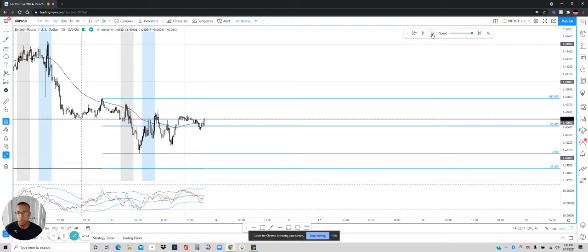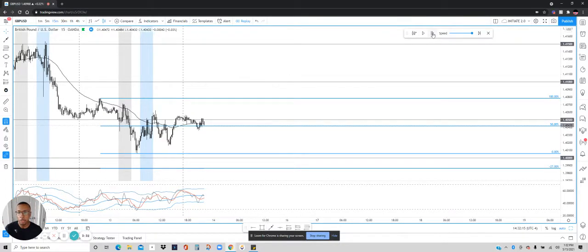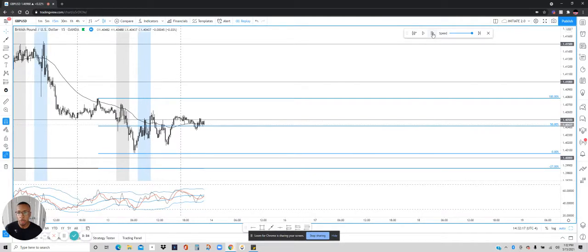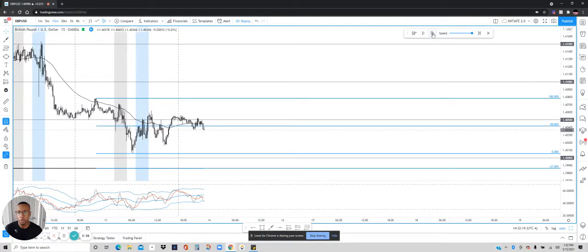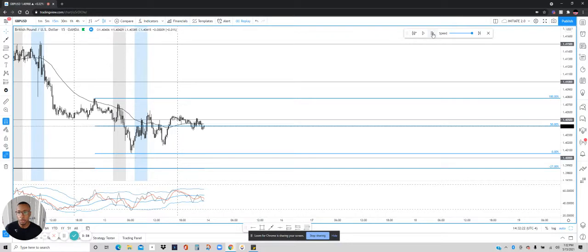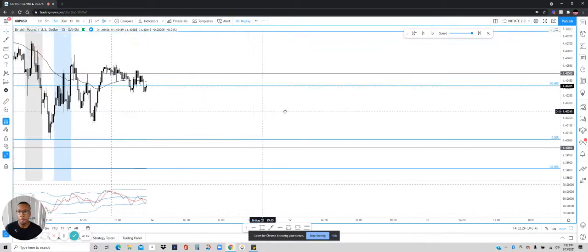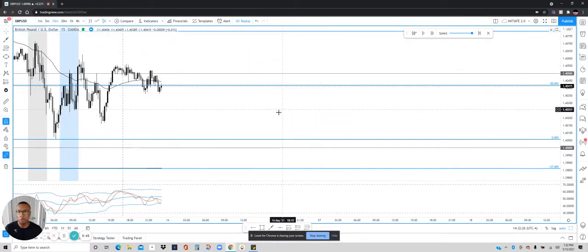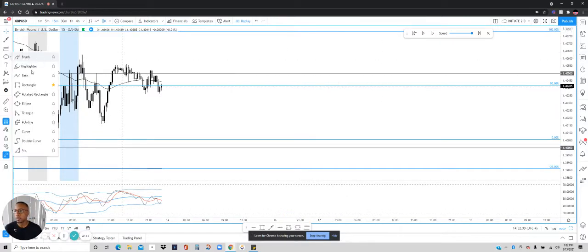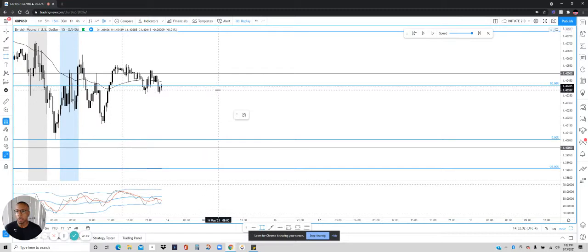I'm pretty sure this was the trade here. You could have got your 10, but this isn't what I took. There's some divergence there. This isn't the full details of it, but this is a quick analysis of where I could have taken a trade.